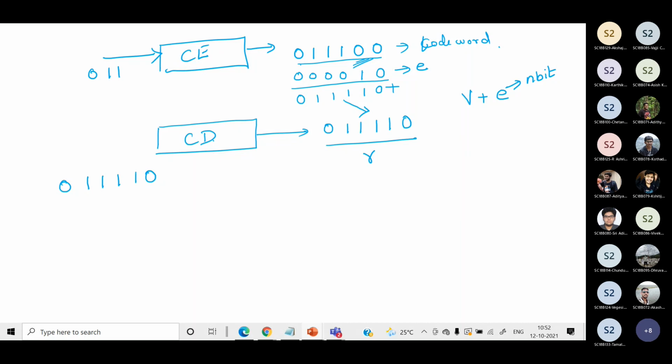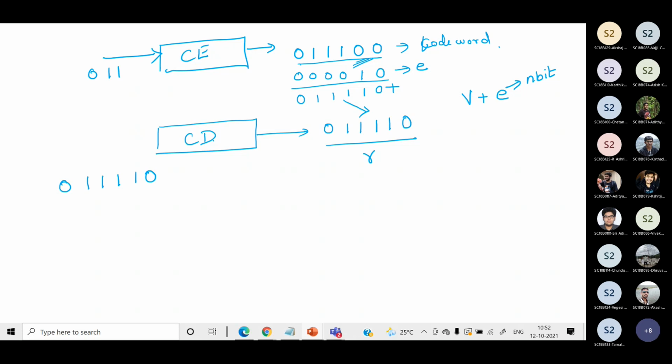In the next class we will see the error correction and error detection capability of this (n, k) code. Clear? So this is the overall logic. Now we will make it structural, how they are mapped and so on. Slowly we will enter into the decoding logic I told you. On what basis we do error detection, on what basis we do error correction, how many errors it can handle.